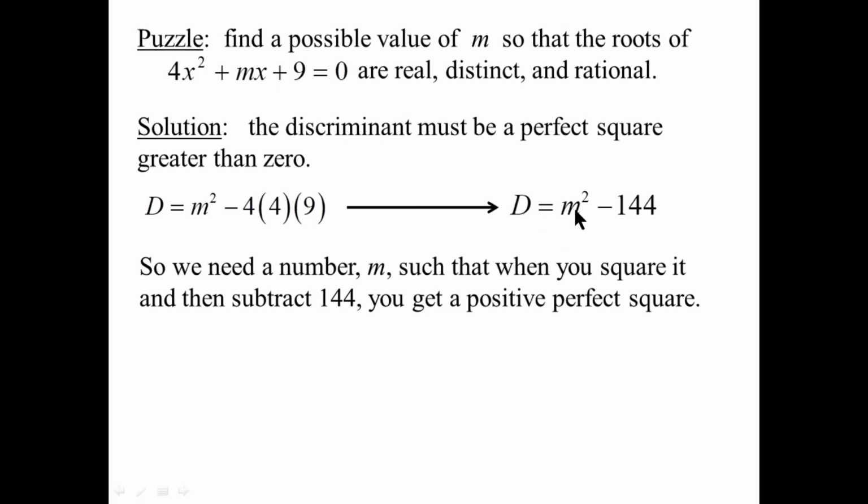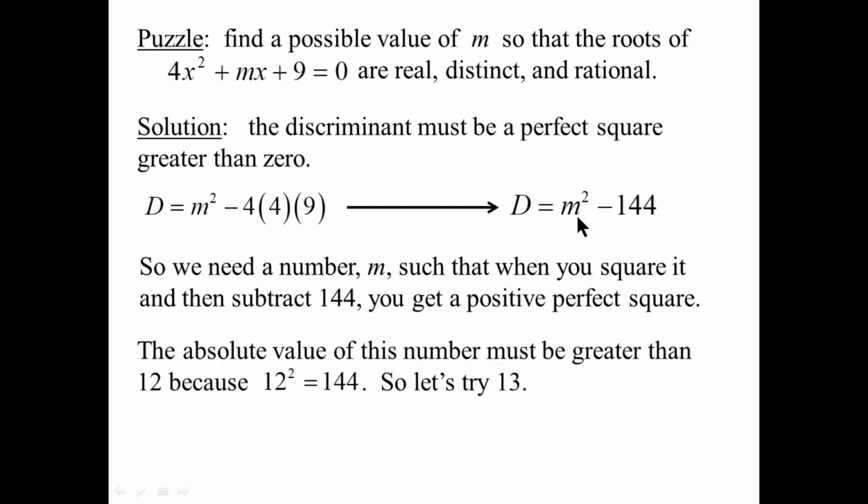So m has to be bigger than 12 because 12 squared is 144. And when we subtract 144, we want to get a positive number. The absolute value of this number that we seek must be greater than 12 because 12 squared is 144. So let's try 13. It's next.